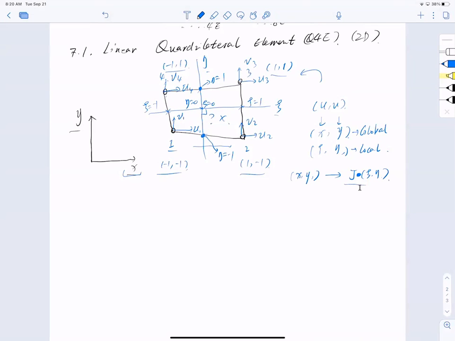Now, with this, I can start to write out the shape functions. Within the local coordinate system, my shape function looks like this. N1, which is the shape function associated to node 1, equals a quarter of (1 minus Xi) multiplied by (1 minus eta). And N2 equals a quarter of (1 plus Xi)(1 minus eta).